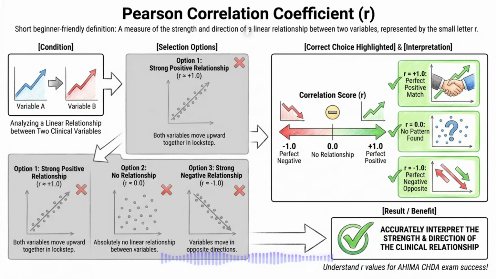A score perfectly hitting +1 means the 2 variables move upward together in total lockstep, while a score of 0 means they have absolutely no relationship at all. The exam expects you to know how to read these correlation scores and interpret the strength of the clinical relationship.